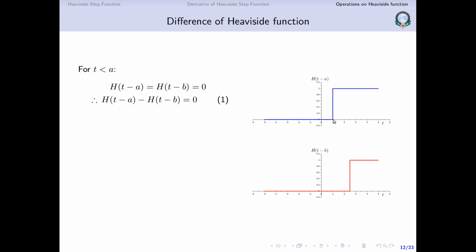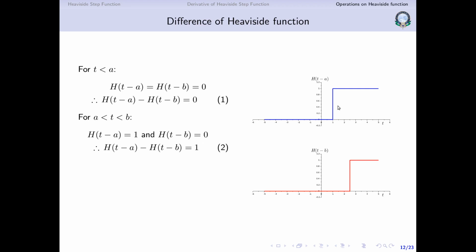Now let's take the next part: values of t which are greater than a but less than b. For t greater than a, the first function h of t minus a takes the value 1, but t is still less than b, so h of t minus b is 0.